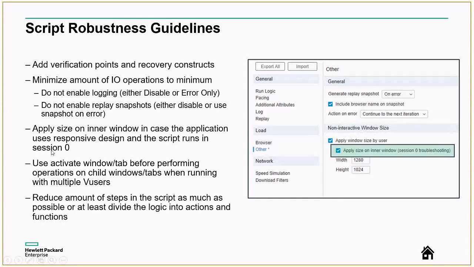If you run your scripts in a load generator with smaller screen resolution, or if the LoadRunner agent is configured to run as a service and the virtual user eventually runs under the services desktop, you can use this option again in 12.53. For Firefox, we had another alternative in earlier versions, but for 12.53, it is applicable for both Firefox and IE, and Chrome is out of the hook for that, so you don't need to worry about it.